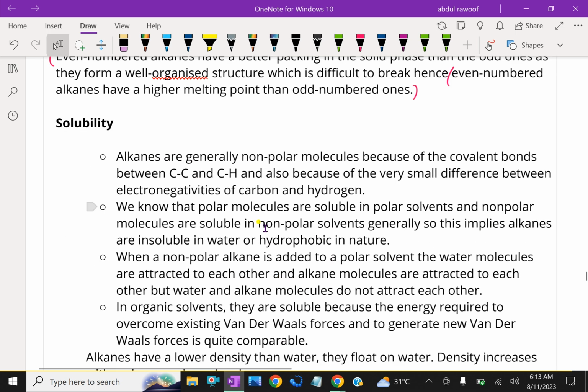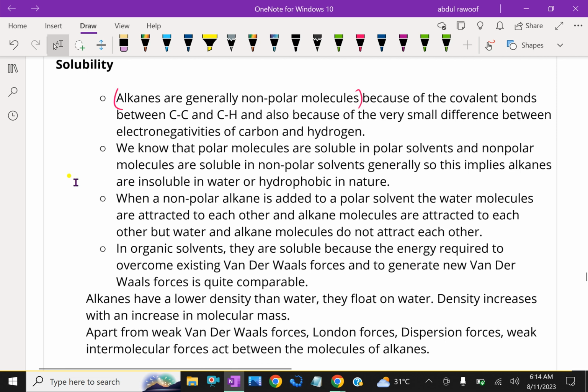Solubility. Alkanes are generally non-polar molecules because of the covalent bond between C and H, and also because of the very small difference between the electronegativity of carbon and hydrogen.